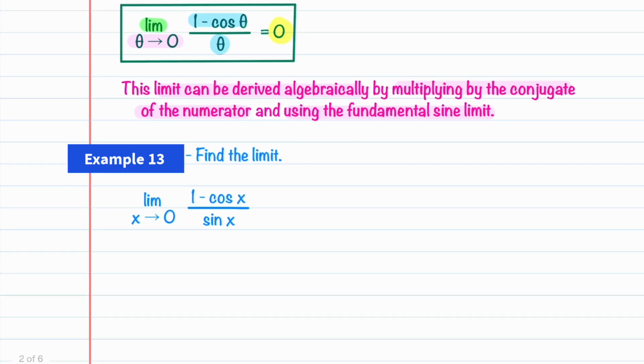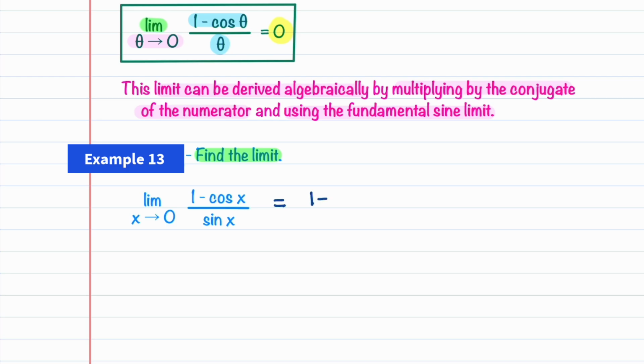What we're going to do now is walk through an example where we find a given limit. The limit that we are going to evaluate is the limit of 1 minus cosine x divided by sine x as x goes to 0. Let's begin evaluating this limit by just substituting in that x is equal to 0.